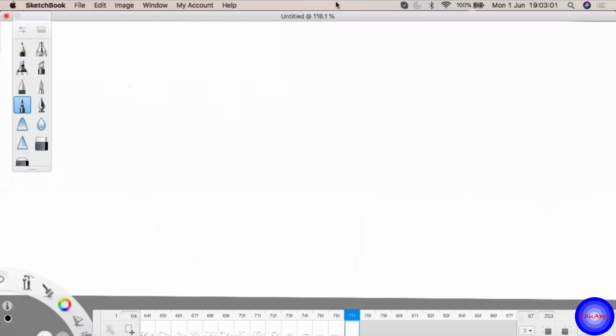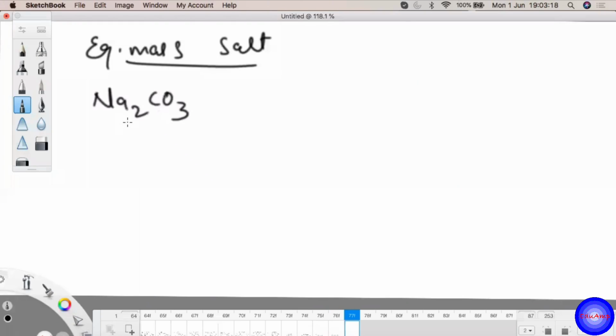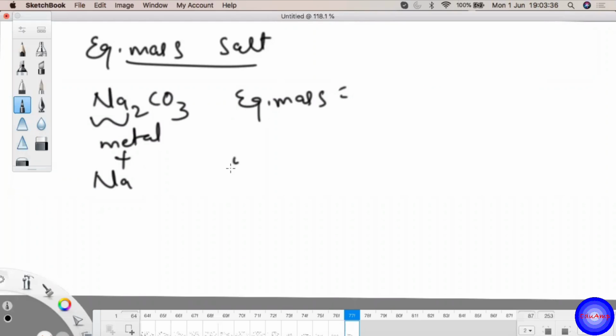Now let's move to equivalent mass of salt. For example, you have to calculate the equivalent mass of Na2CO3. This is a salt, and in this salt, sodium is the metal, and sodium has a plus charge on it. Therefore, when calculating equivalent mass, you first calculate the molecular mass of Na2CO3, which will be 2 into 23 plus 12 plus 3 into 16.